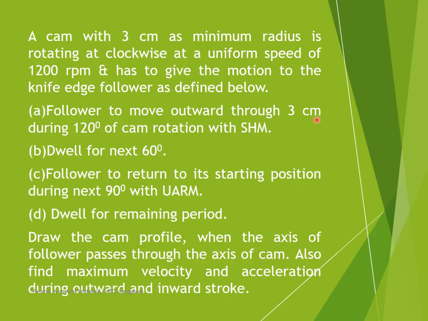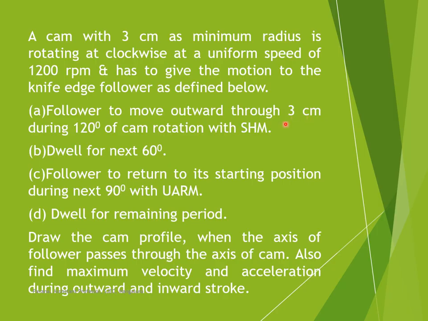Okay, 3 centimeter till where? During 120 degree of cam rotation. What is the meaning of this 120 degree? We already know that one complete circle of the cam means 360 degree of rotation, correct? Out of that 360, during the first 120 degree of rotation, the follower is moving upward to a distance of 3 centimeter.